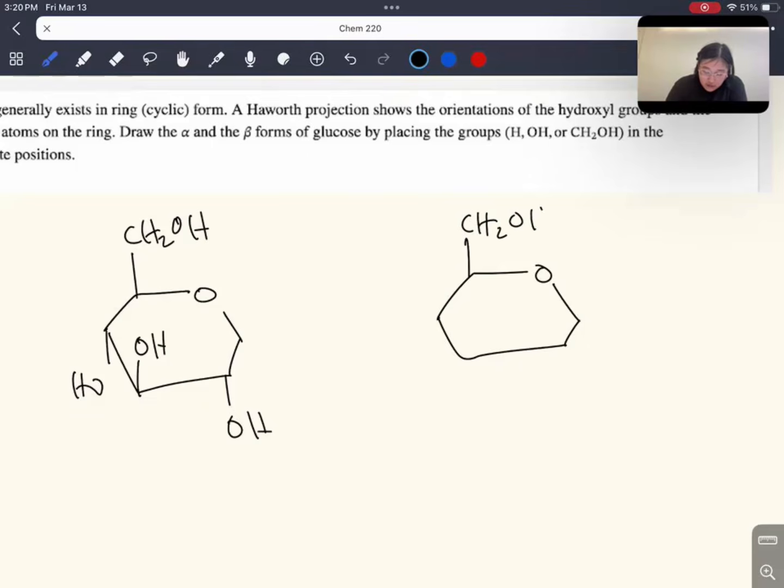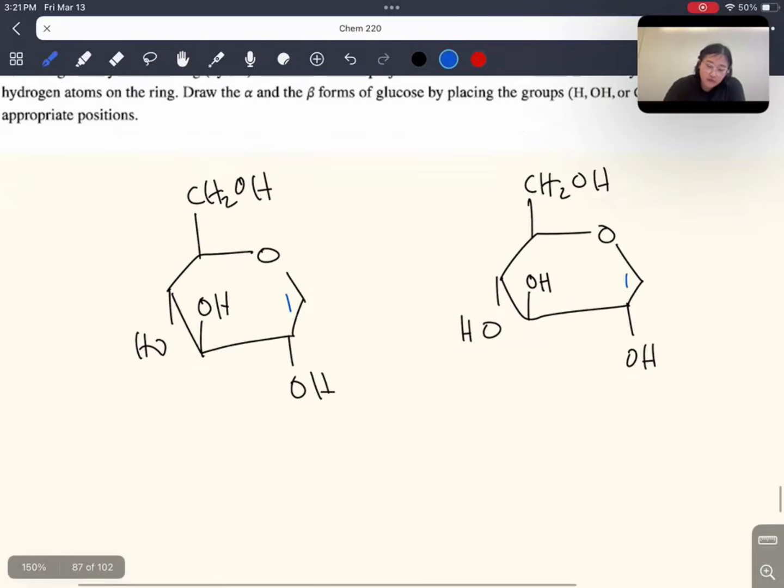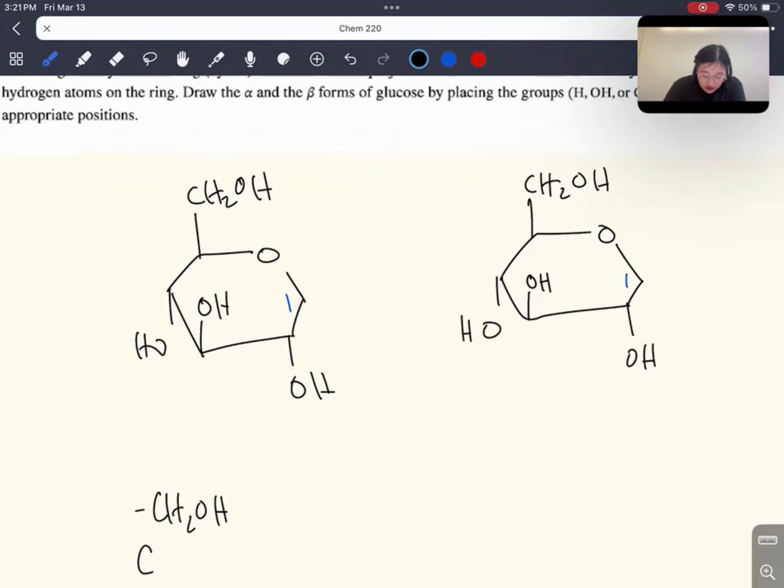Remember, the way we determine if our Haworth projection is in the alpha or the beta form depends on whether your anomeric carbon's OH is cis or trans to the CH2OH group. If our CH2OH group and our C1 OH group are trans, that means we have the alpha form.